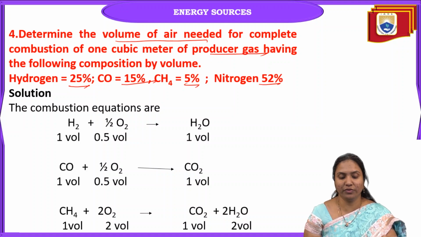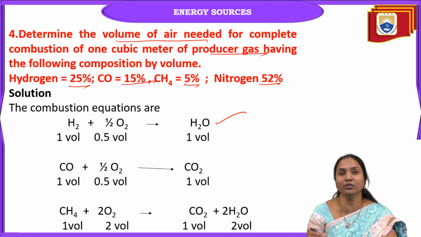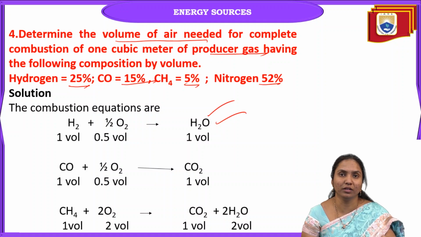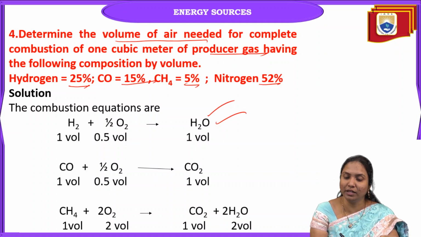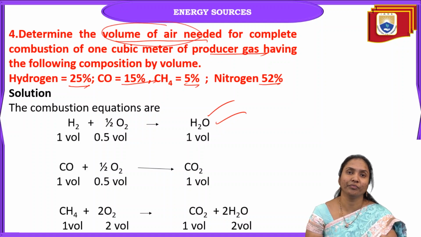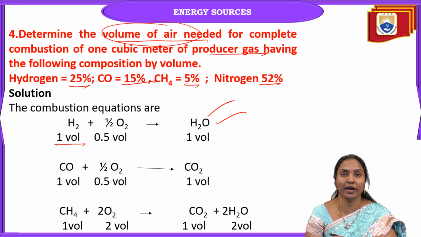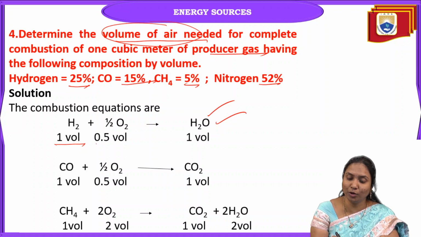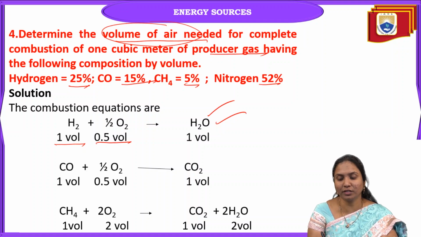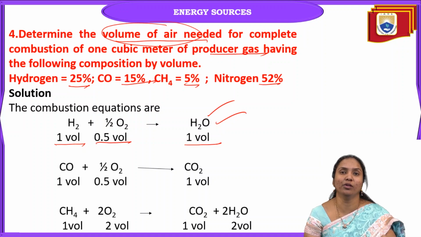So the combustion equation for hydrogen: hydrogen reacts with oxygen and gives the combustion product water. Here we determine the volume of air. So 1 volume of hydrogen requires 0.5 volume of oxygen, and the combustion product volume is 1 volume.